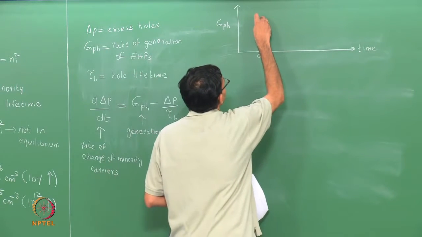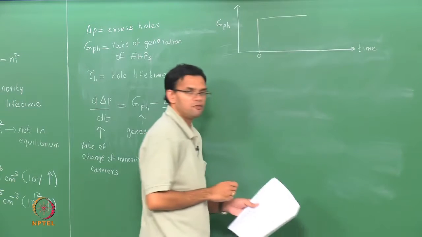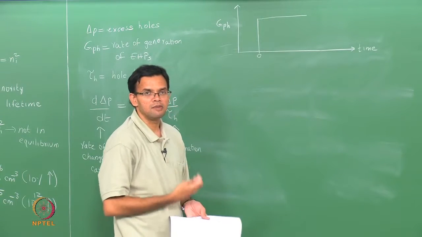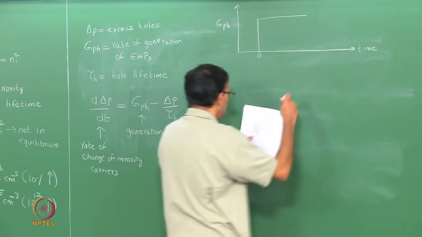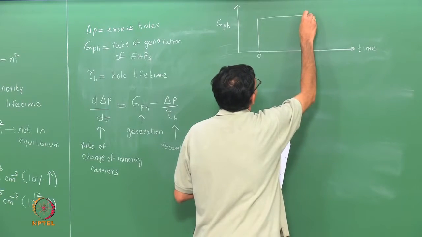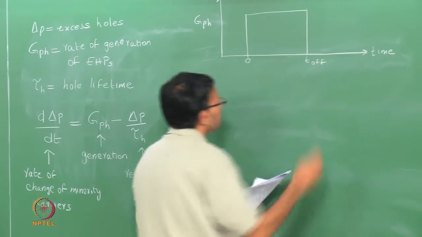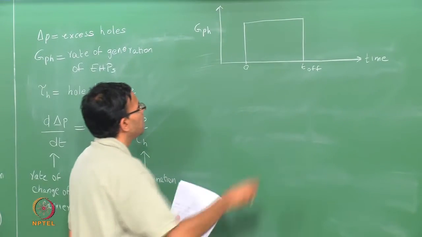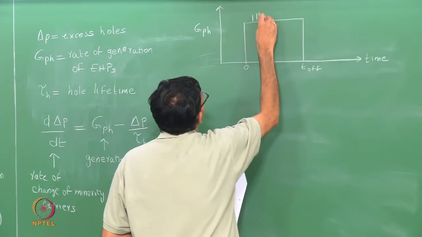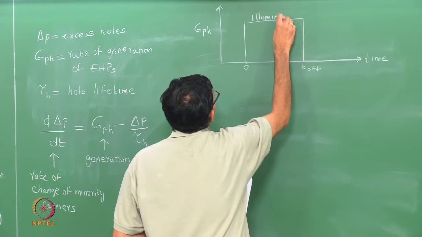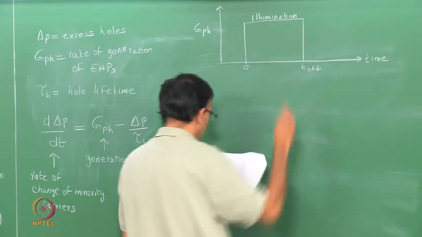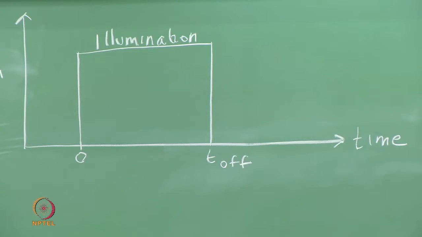We let the light be on for some time, so that the system achieves some steady state, and at time equal to t off, we turn off the light. So, you have illumination within this region.